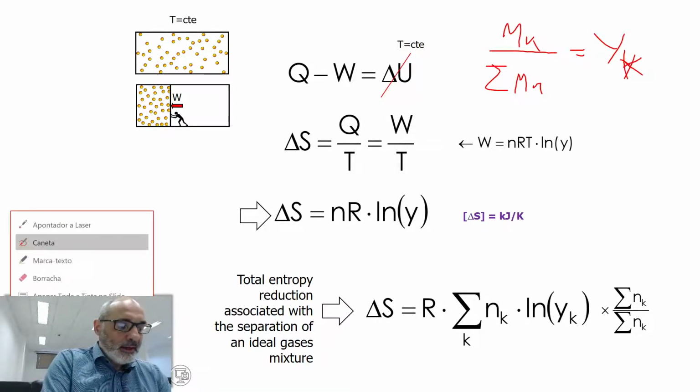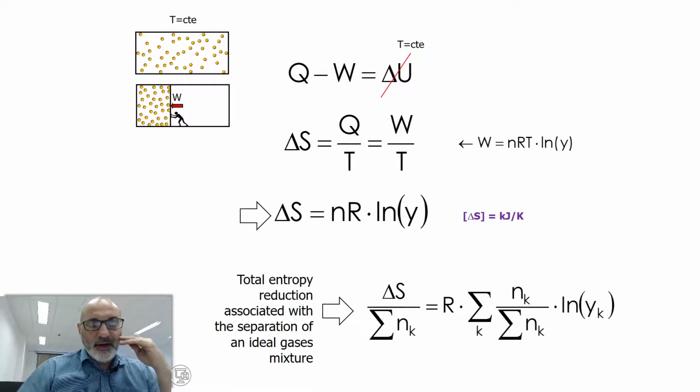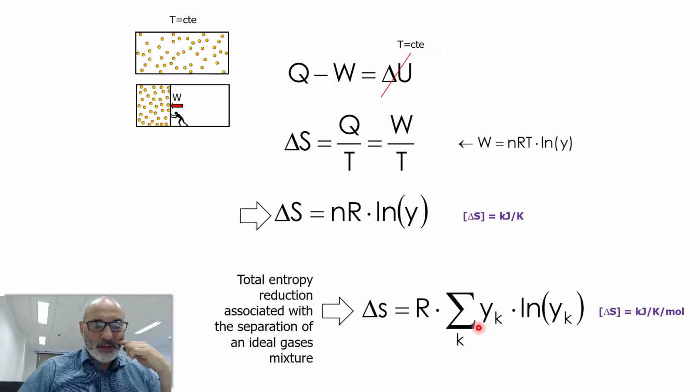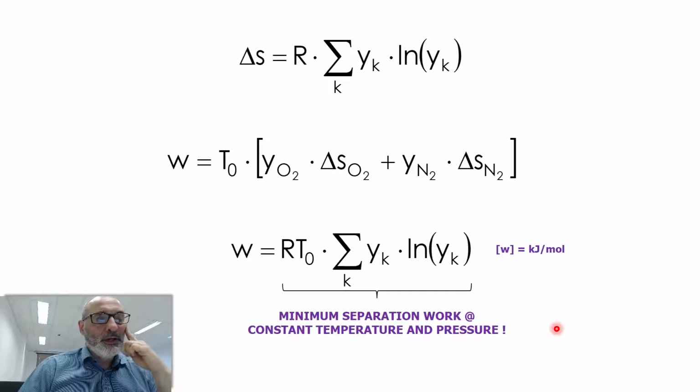By doing this, I get our final formula, that the specific entropy variation is equal to this, which I can write simply as the sum of YK times ln of YK. So this is a simple deduction which we're going to apply to our process.